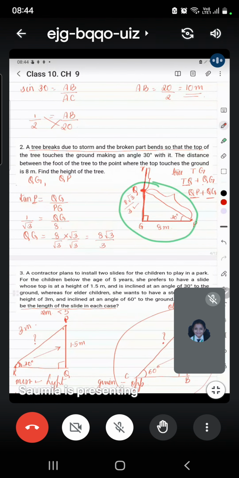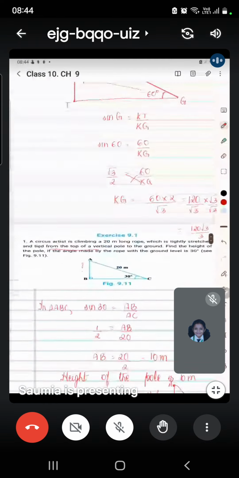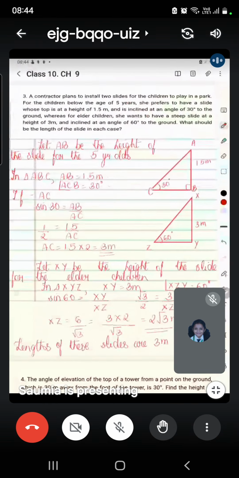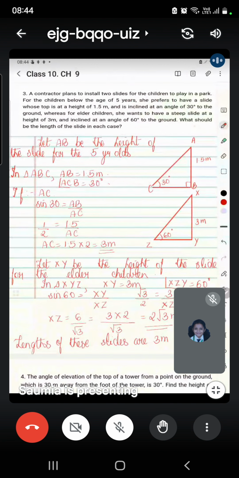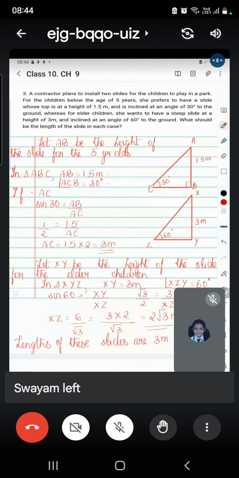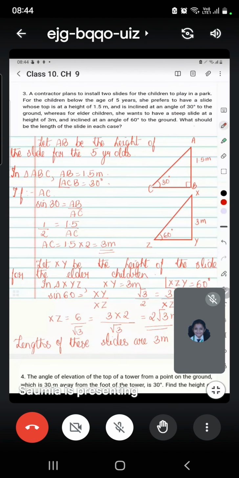Okay. So now we'll write down these two questions. Take your books and write down question number 3. Now don't just blindly copy down.